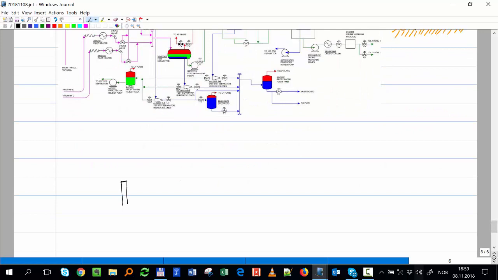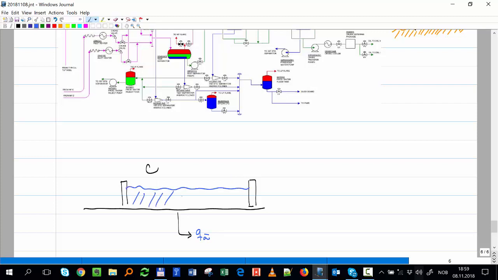We have the weir plate here. The water is being drained from here. The water is up to here only. And then you have oil, which is just flowing through here.